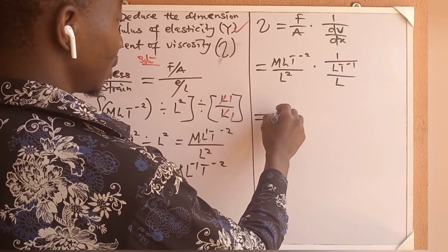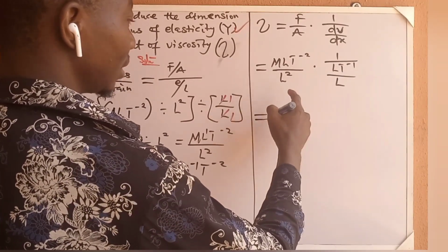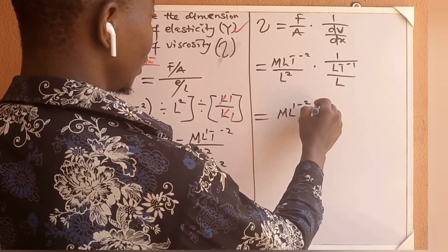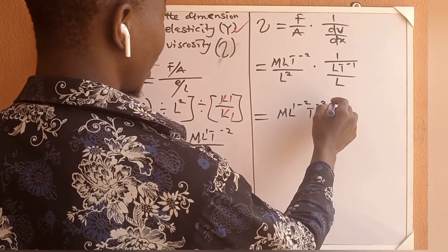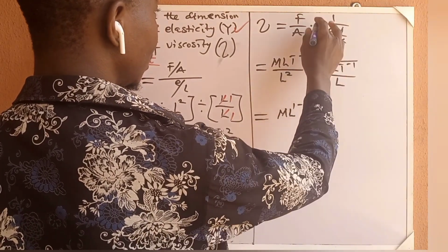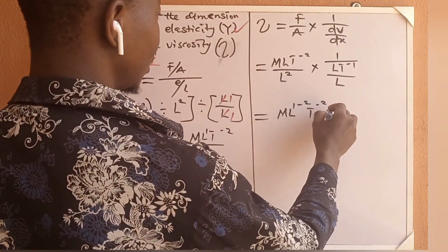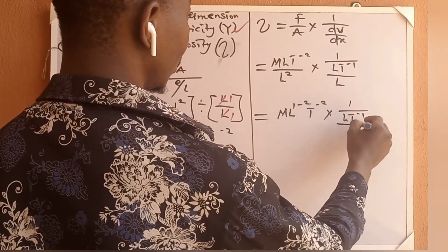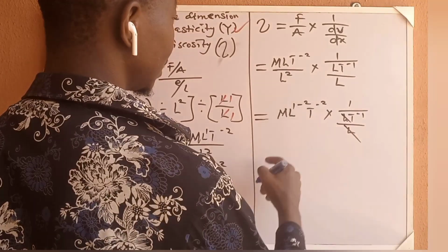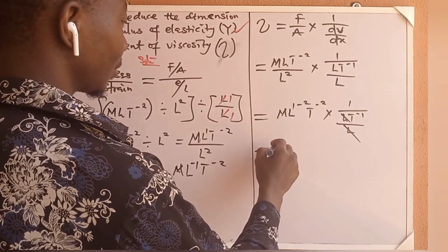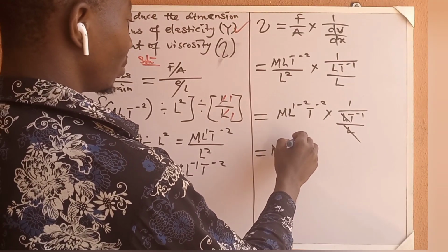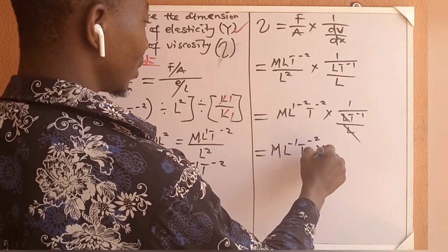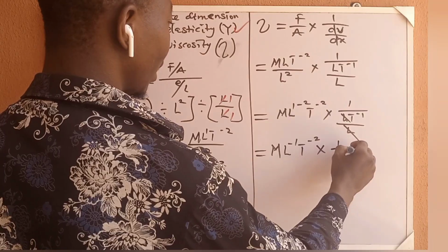So that will be L here. So this will give us m, and for the same base when dividing, by indices, we have L power 1 minus 2, then T to the minus 2, multiplied by 1 over LT to the minus 1 over L. This L goes with this L. And we're going to have m L to the power minus 1, that's 1 minus 2, then T to the minus 2 multiplied by 1 over T to the minus 1.